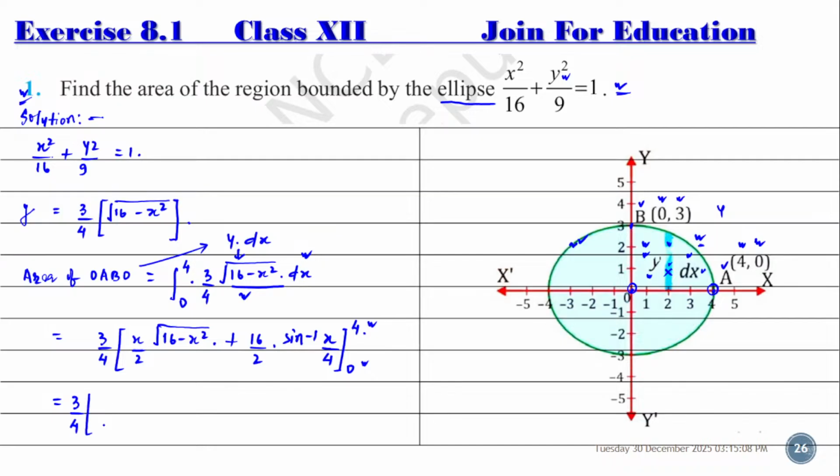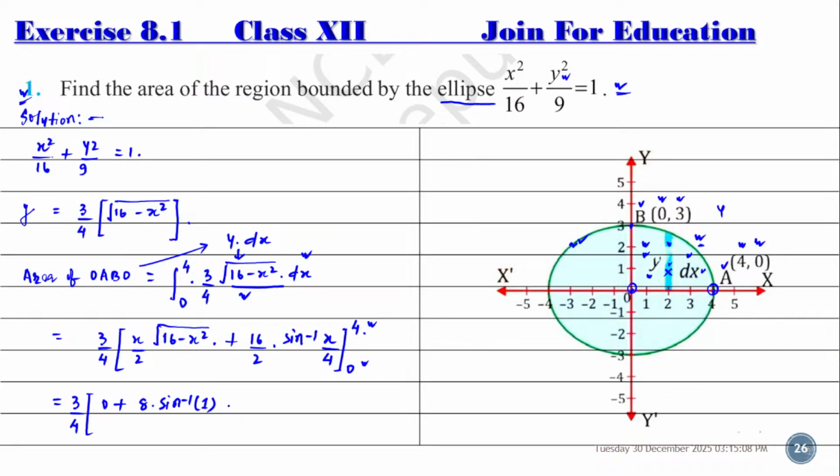3/4 and the value at the higher limit, when we put x equal to 4, then here will be 4/2 equal to 2, but here will be 16 minus the square of 4, which is 16. Therefore 16 minus 16 equal to 0. So total here will be 0, plus here will be 16 by 2, that is 8 into sine inverse 4/4, equal to sine inverse 1.